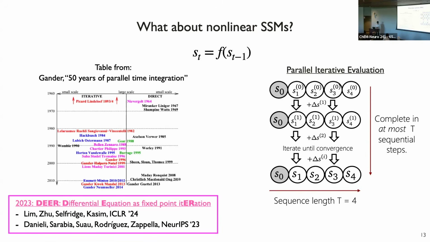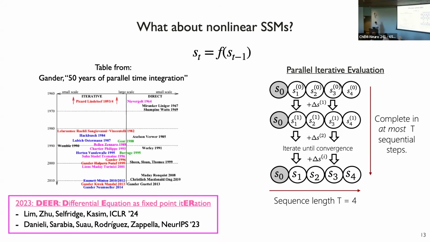The way it does it is via a parallel iterative evaluation. We start with a guess over the entire sequence length. We make a guess for the entire trajectory. It'd be as if we made a guess for the entire evolution of the cake in the oven, putting atoms in random places. Then at every step, we iteratively refine it with this delta S to get to some other guess over the entire sequence length.